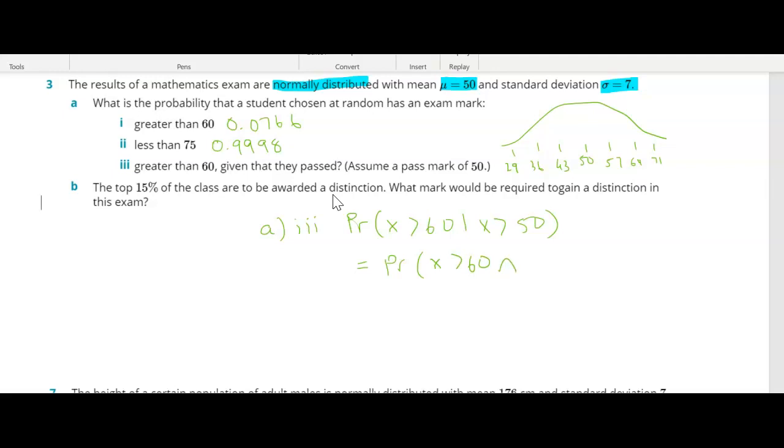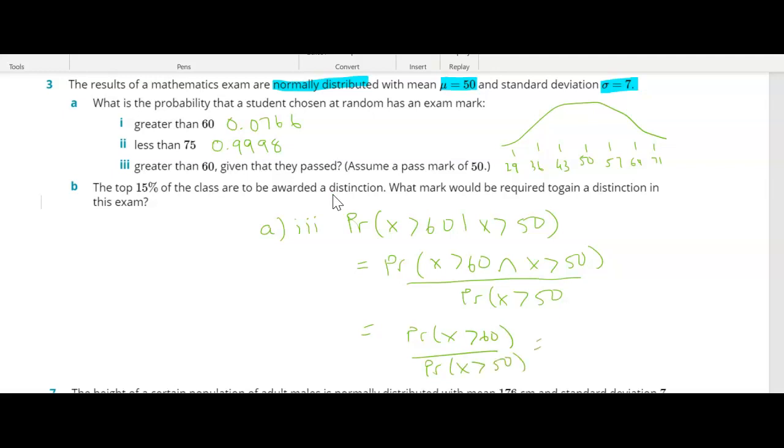So the probability that x is greater than 60 and x is greater than 50, over the condition, so x is greater than 50. All right, so what values are greater than 60 and also greater than 50? So that's just going to be the probability x is greater than 60 over the probability x is greater than 50.